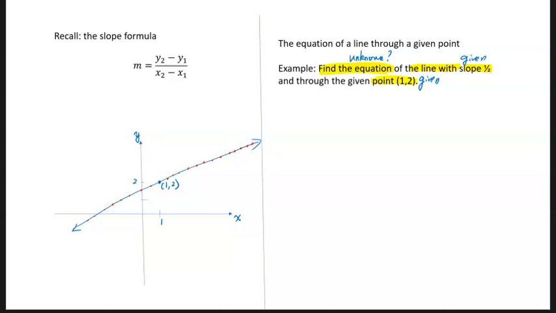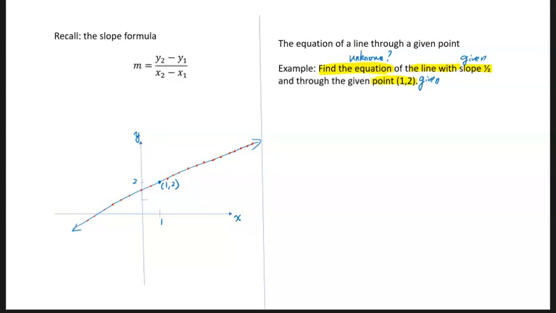Just like the first problem we talked about in a previous video, we're given an equation and we plug in given pairs to determine which one is the solution. So the same thing here. We don't know any of these pairs.